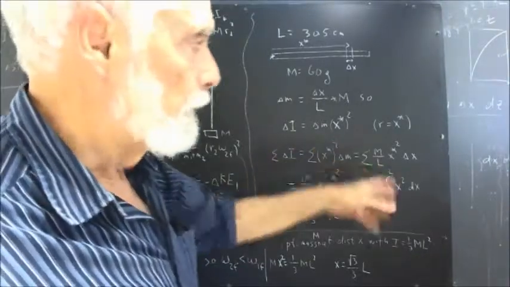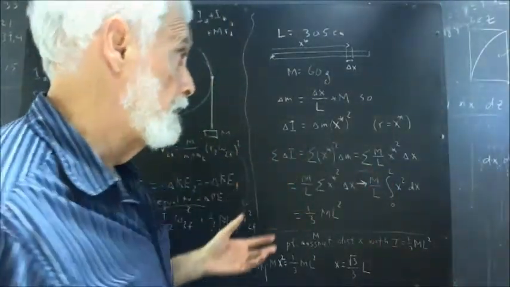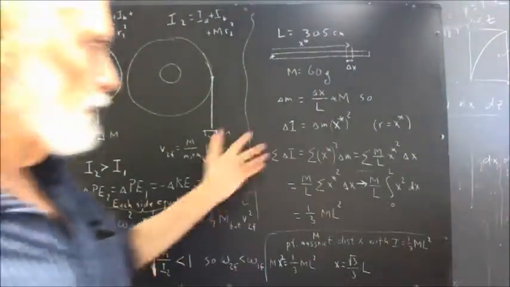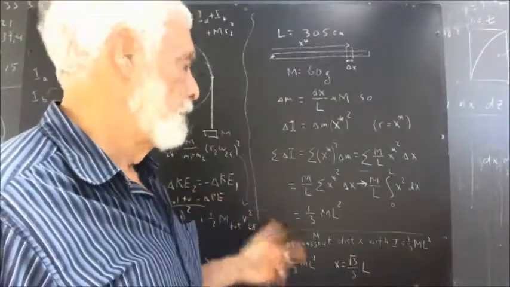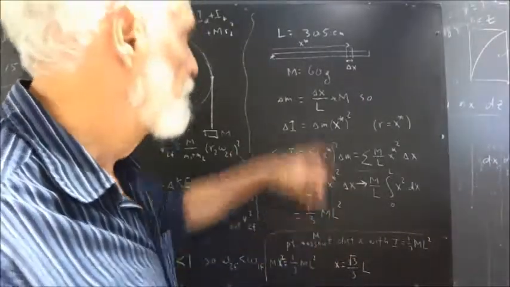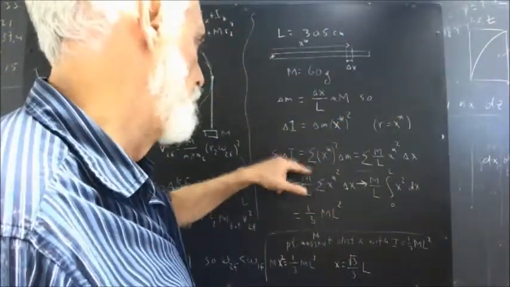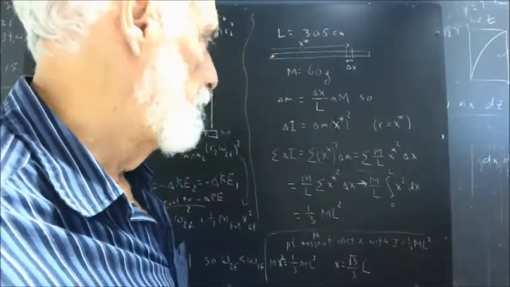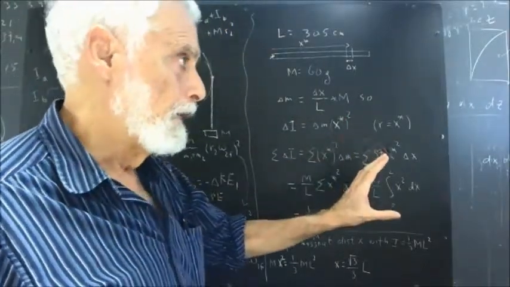Now, I've glossed over a lot of the details that you need to go through to make this a little more rigorous. We probably want to put subscripts on these intervals and have a sum from i equal to 1 to n of x sub i squared delta m, and so forth.